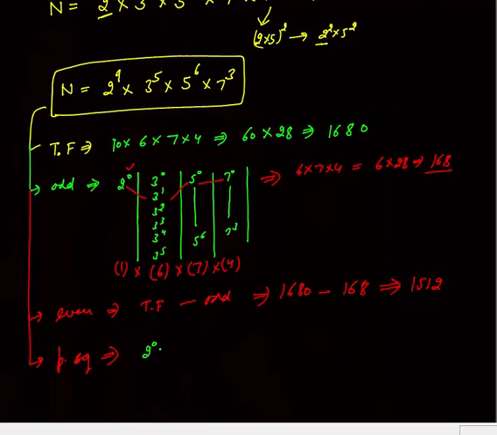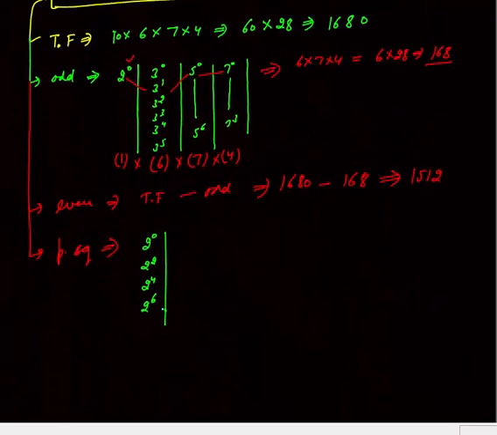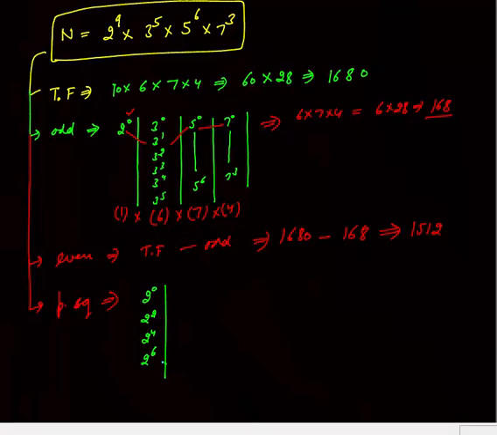So 2 power 0, 2 square, 2 power 4, 2 power 6 from the 2 side, because our number was 2 power 9, so 2 power 8 will also come. So this, when multiplied with any even power of 3, will make a perfect square factor. From the 3 side we will take 3 power 0, 3 square, 3 power 4.